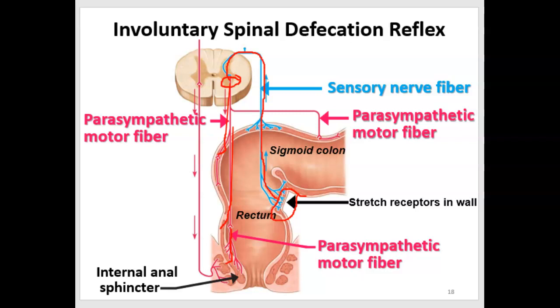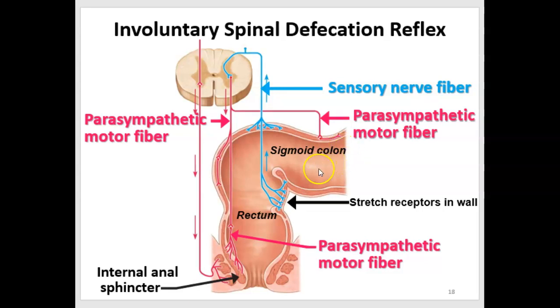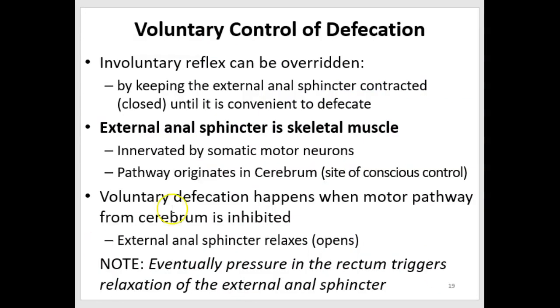And so the action on the sigmoid colon is excitatory. The action on the rectum is excitatory, but the action on the internal anal sphincter is inhibitory, so that it relaxes.